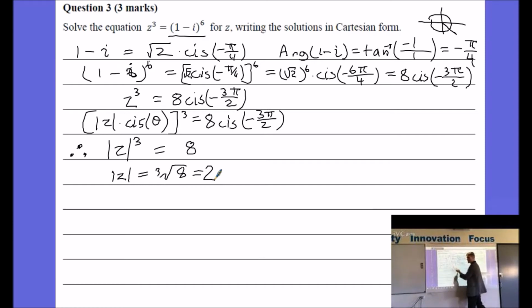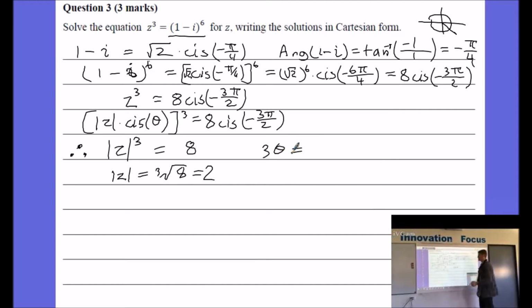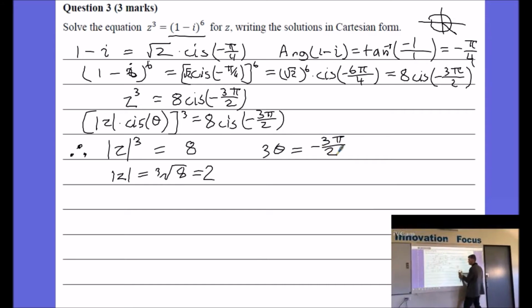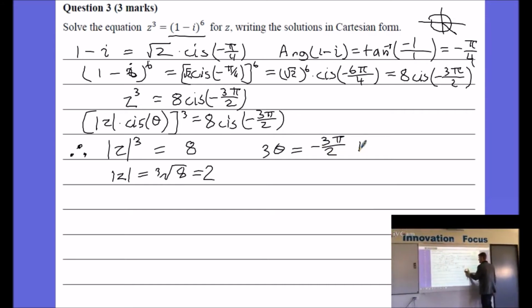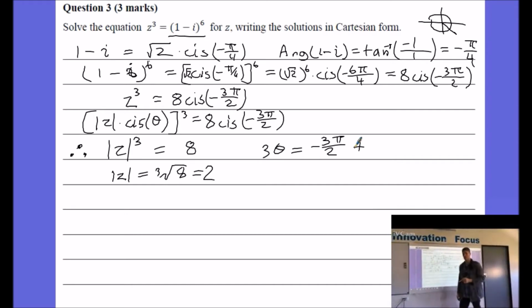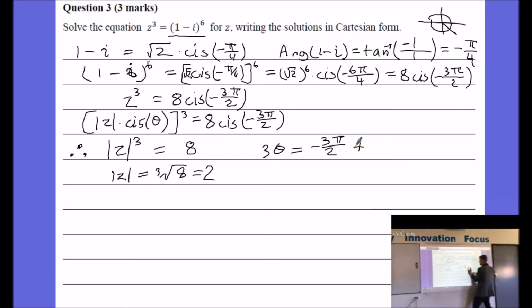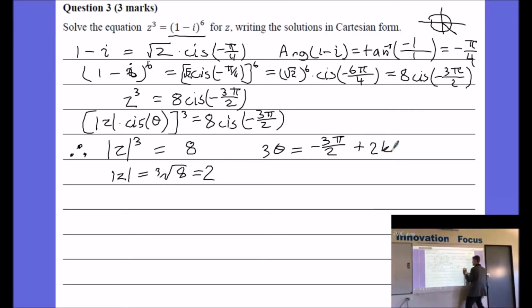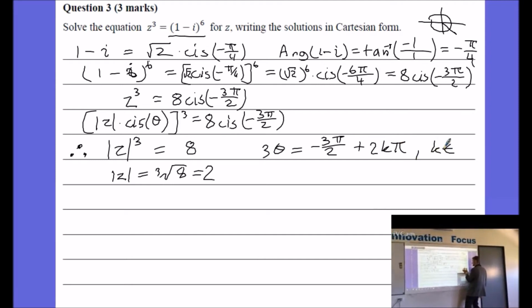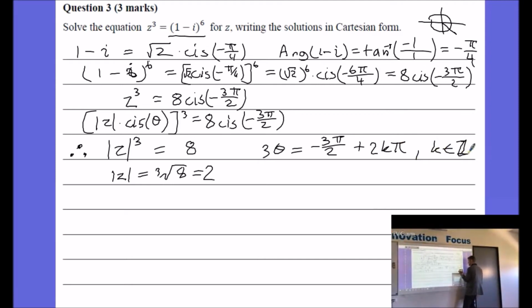Okay. And then what about the argument? De Moivre's theorem will have 3 multiples of theta, so therefore 3 theta must be the same as the argument on the right-hand side, this minus 3 pi on 2. But this is just an angle, and the position in complex space could be any multiple revolution at that same position. So we're going to add on multiples of 2 pi, where k is just some integer. And it's important to put that notation down when we're defining k.